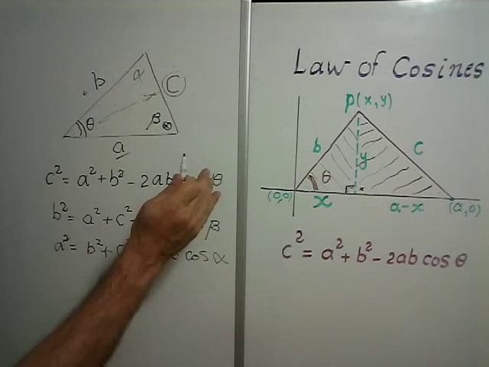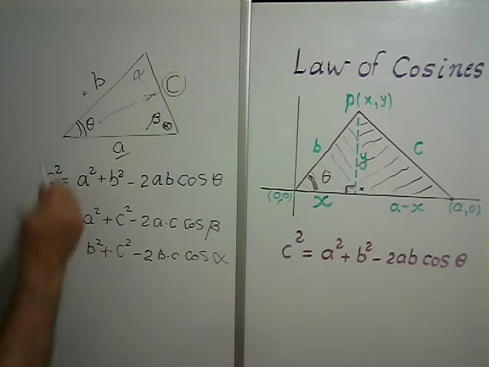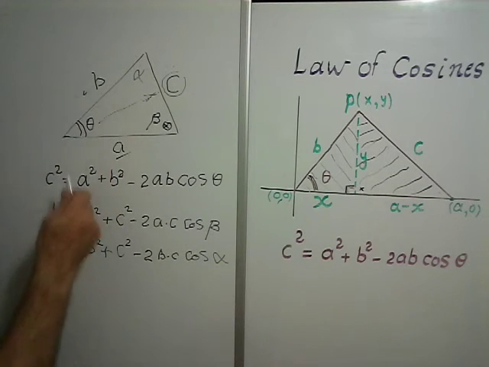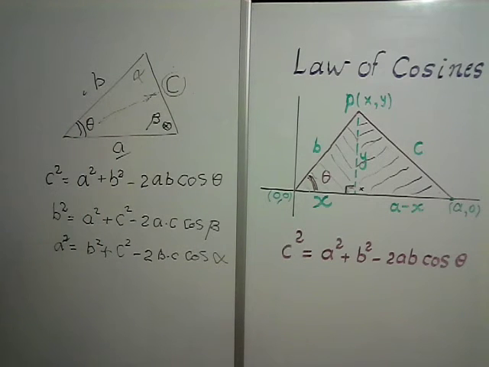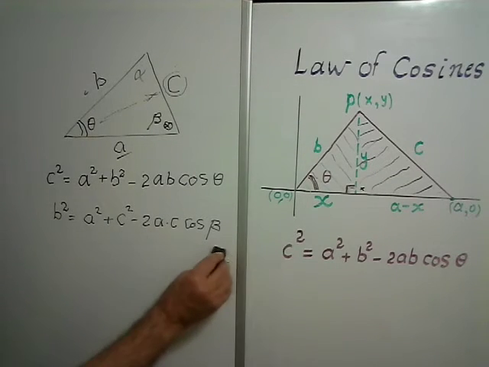So the cosine law can be applied in any side of the triangle. Now let me give you the proof for this law.